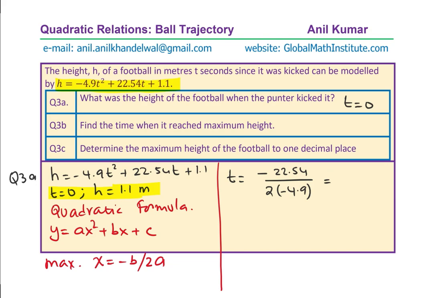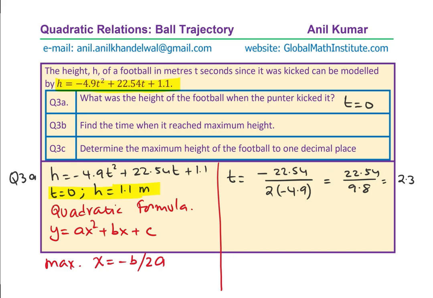Basically, we have to calculate 22.54 divided by 9.8. 9.8 is acceleration due to gravity, and therefore most of the questions will have that number. So 22.54 divided by 9.8, you can always estimate this 9.8 as 10, right? So what you get here is 2.3.